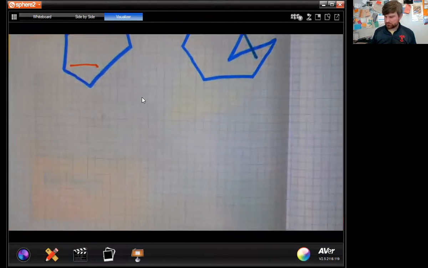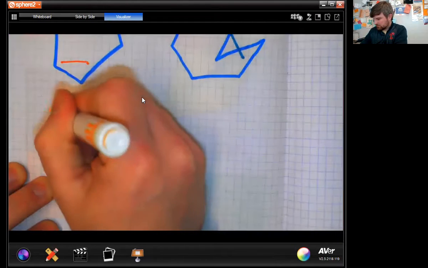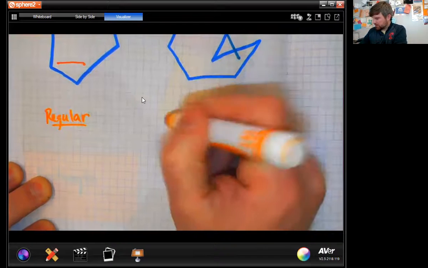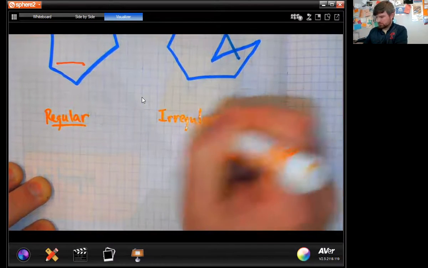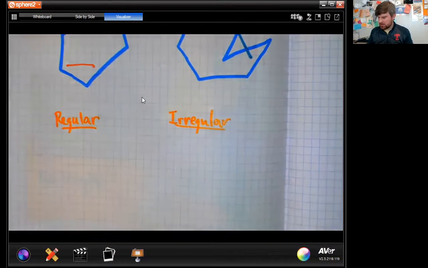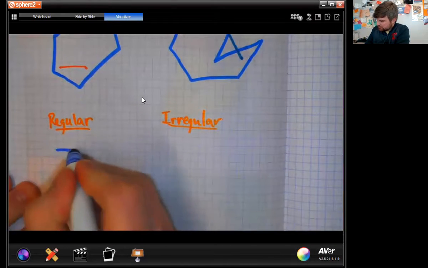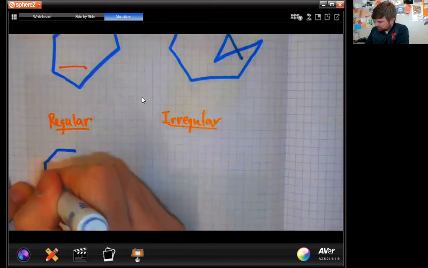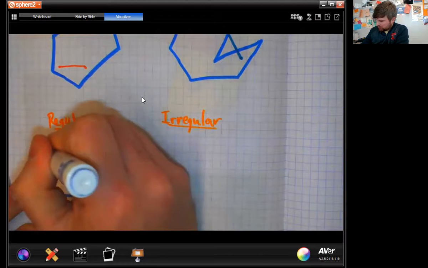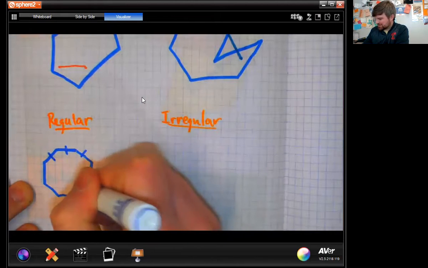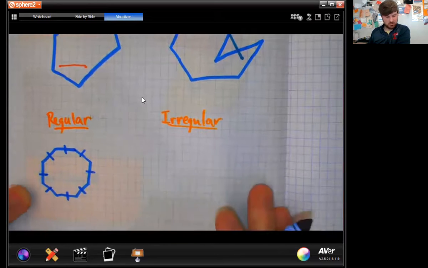And then the other two labels are regular and irregular. A regular polygon means that all sides are the same. In this case, all eight sides have the same measure, which means all the angles are the same measure.